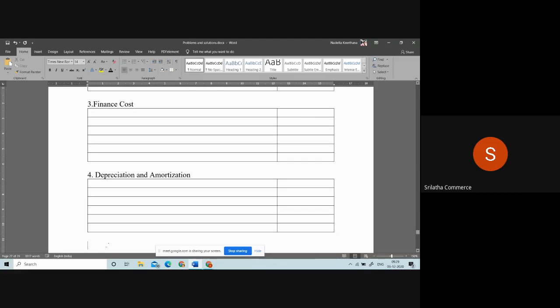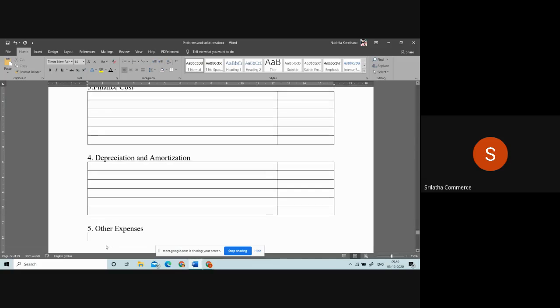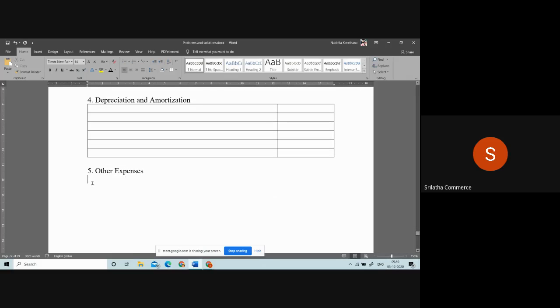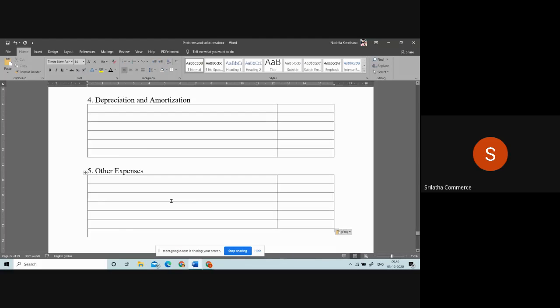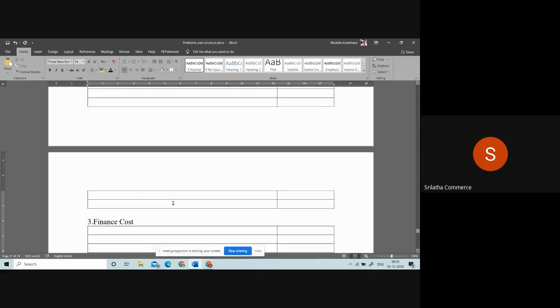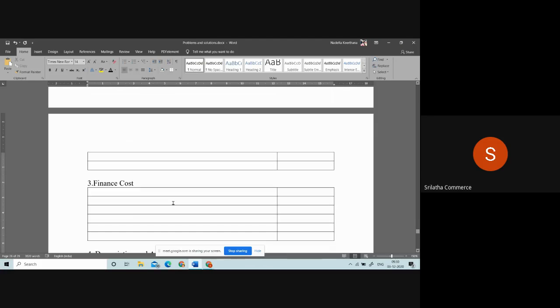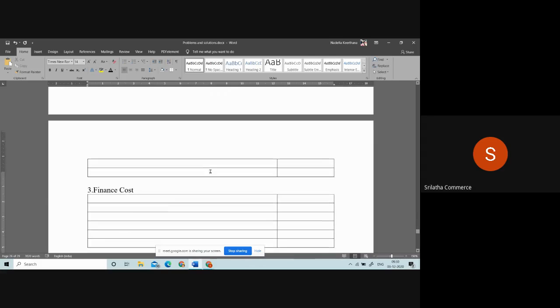Then comes the fifth one, other expenses. That's all, isn't it? Is it clear for you?